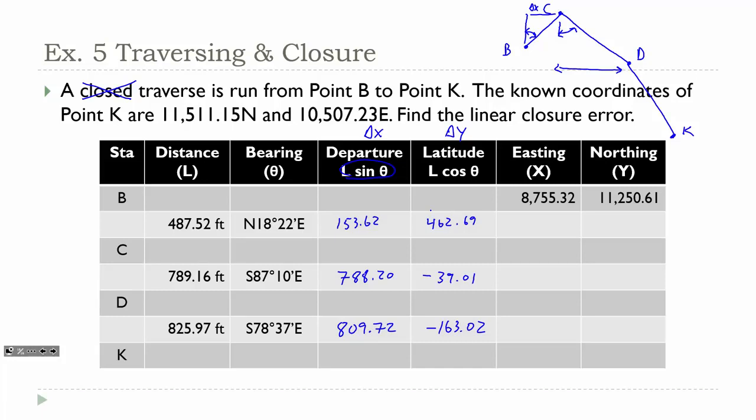If we want to know the easting of point C, how would we find that? You just add your departure to your easting.